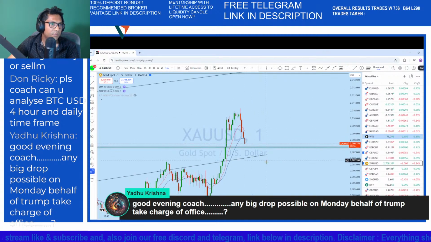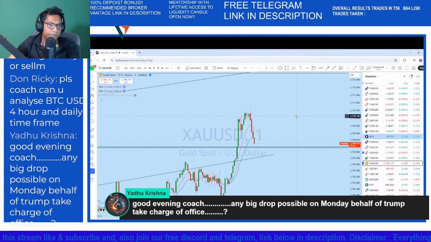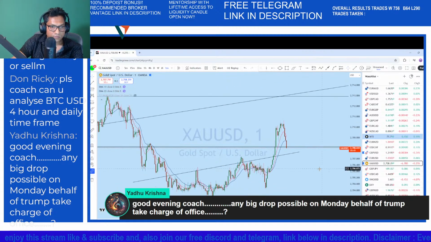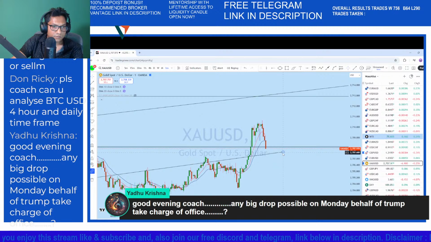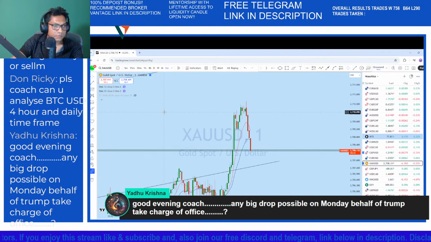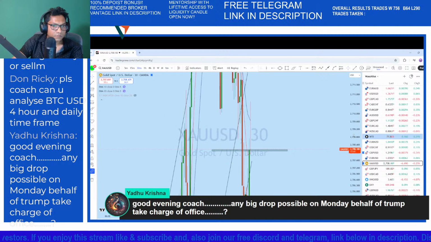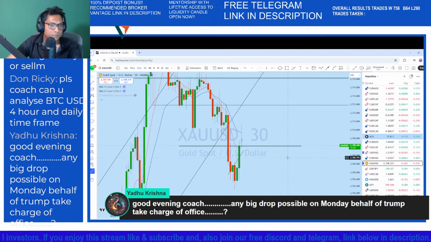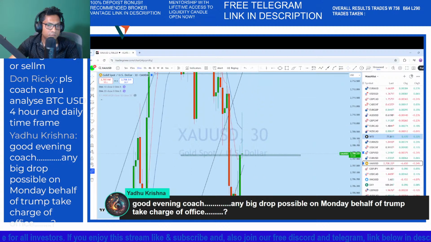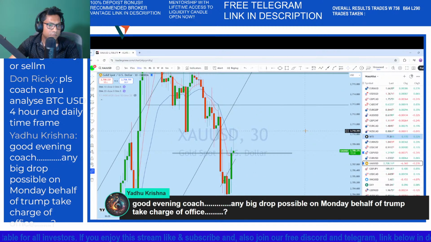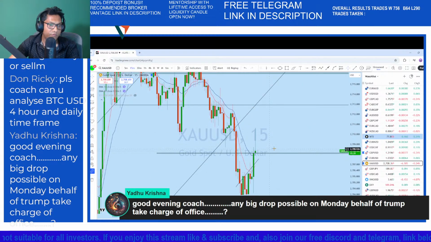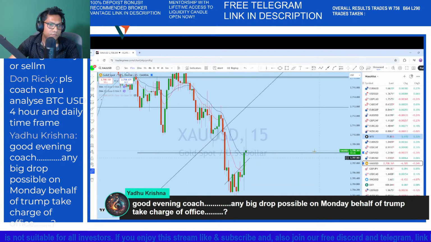So we can see some local downtrend here. With a bullish engulfer, there's a doji formation.